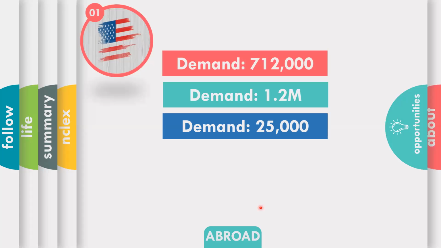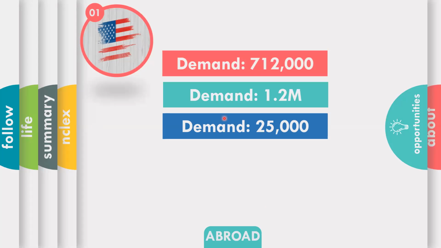I was saying that I'll only be discussing the three main countries that I have a better grasp of because I have direct experience with them. For example, in the USA, based on the Labor Department, between 2010 and 2020, the US needs 712,000 new nurses.